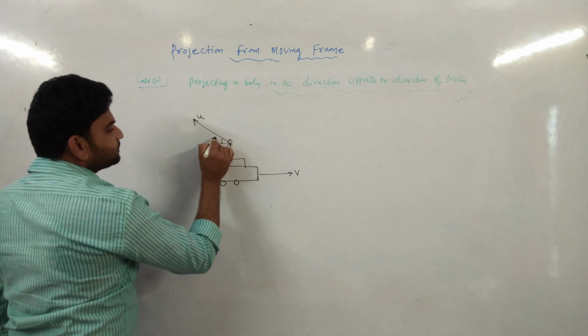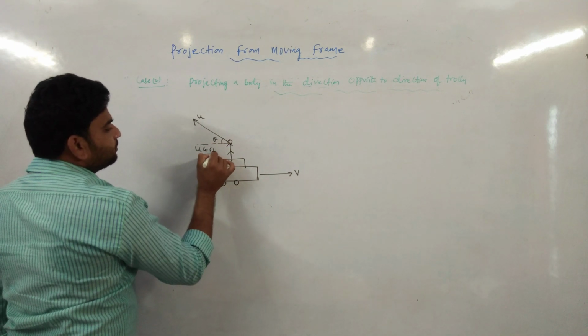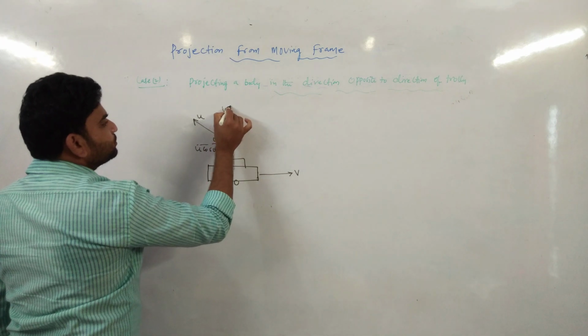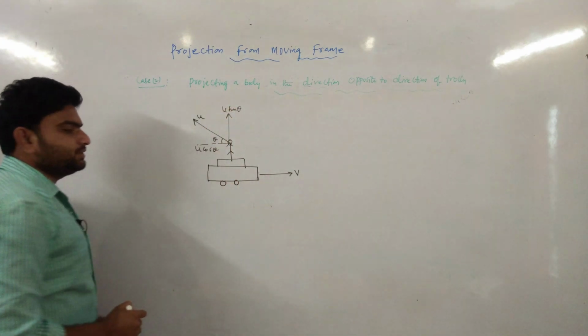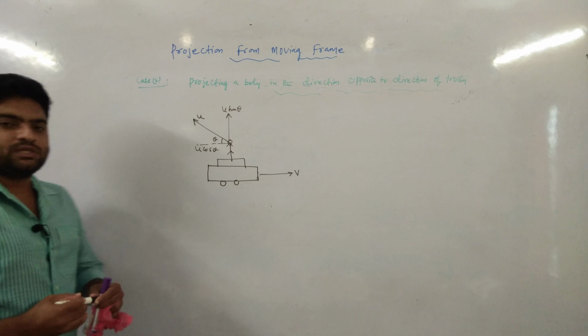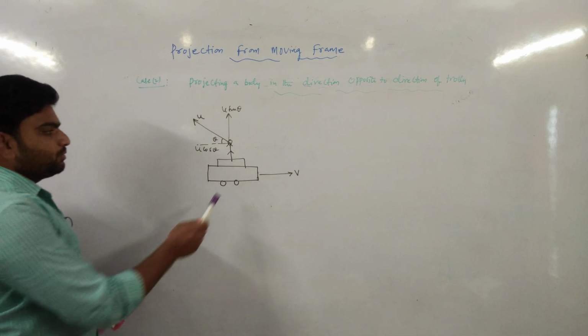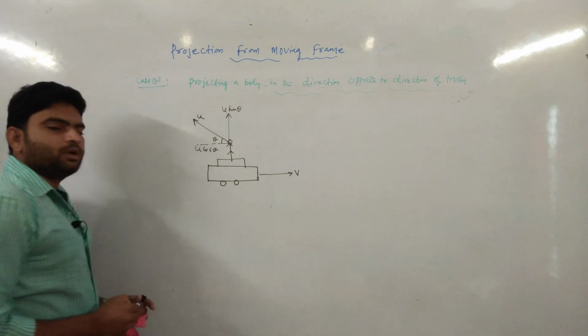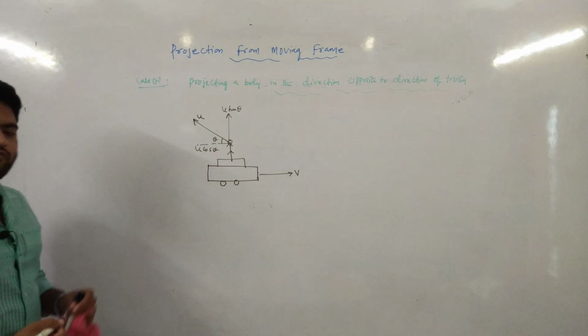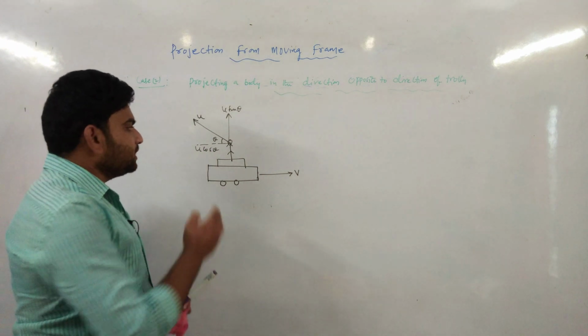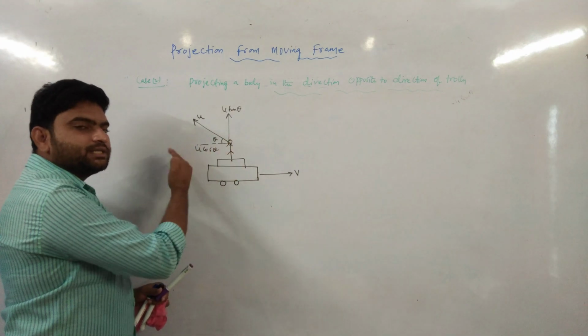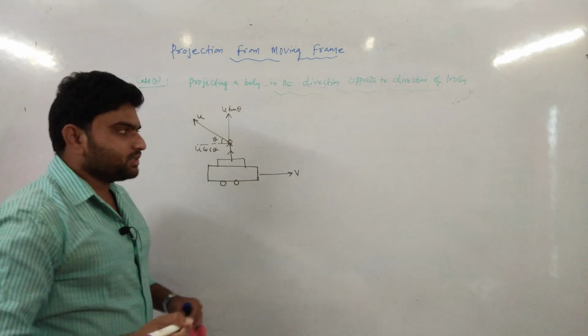This component is u cos theta, and this component becomes u sin theta. This you already know, right? But here we don't know the projection velocity with respect to the ground. We don't know, right? But we know the projection with respect to the trolley, which is minus u cos theta. Why do we have to consider minus u cos theta? Since it is acting in the negative x direction, we have to consider it as minus.